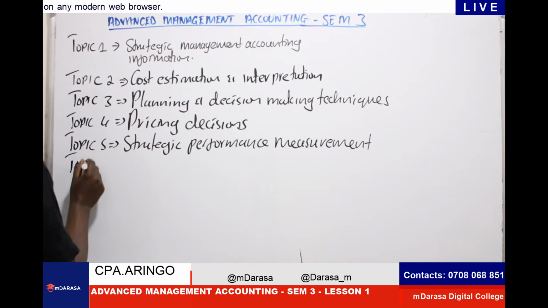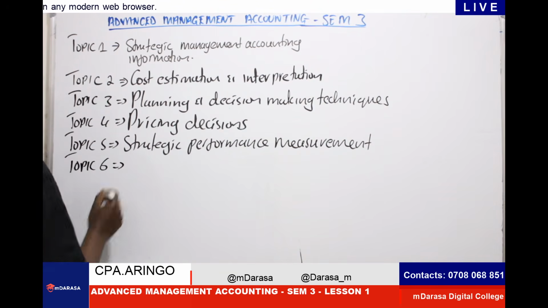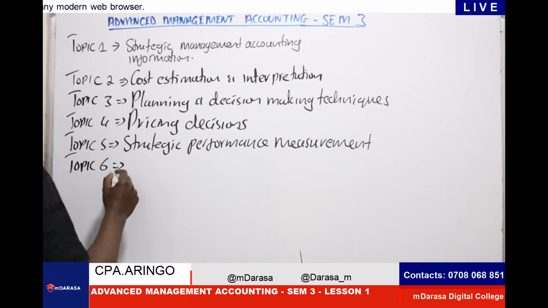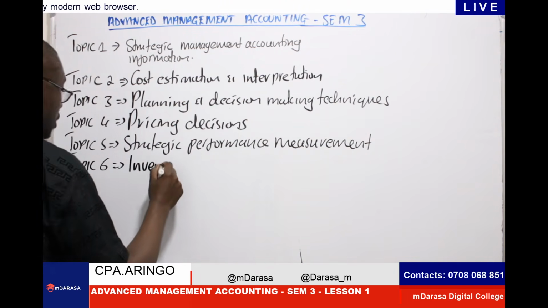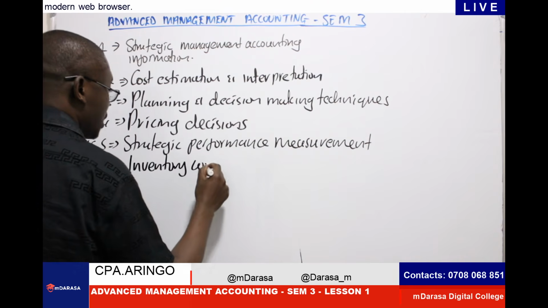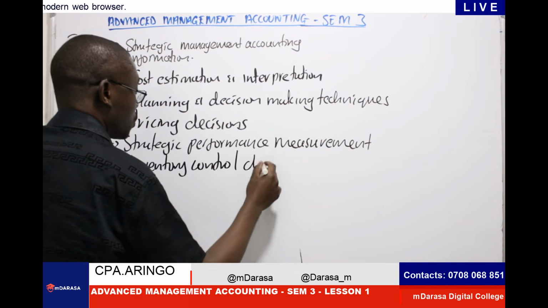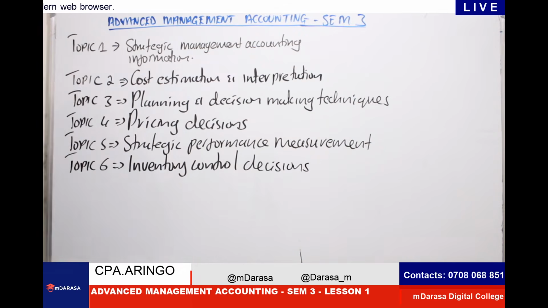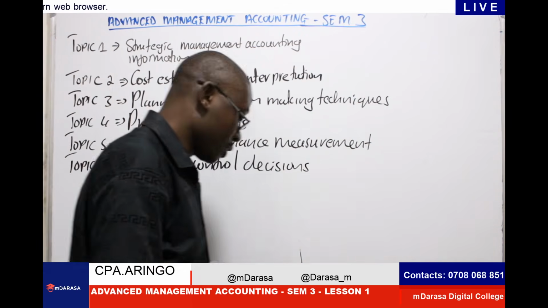What will we be expected to cover or understand when dealing with topic number 6? This is all about inventory control decisions. So this is one key area that, again, we must be very keen with.